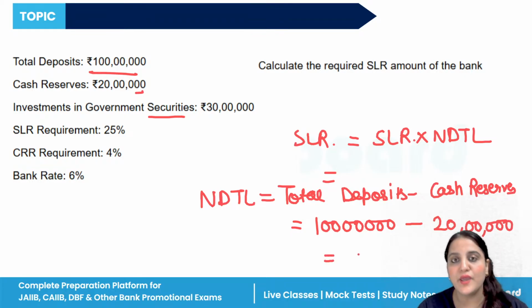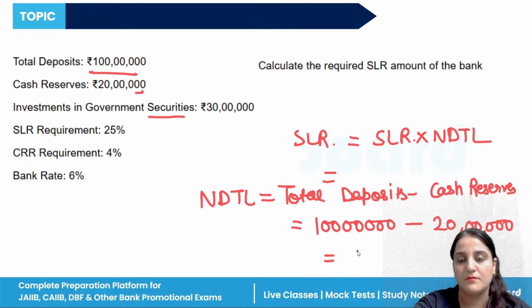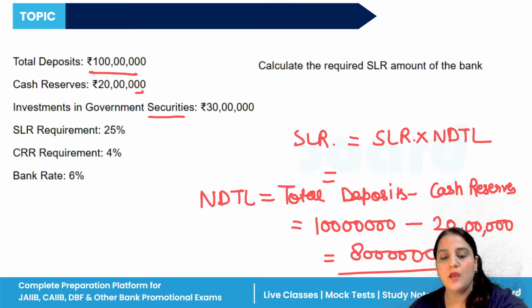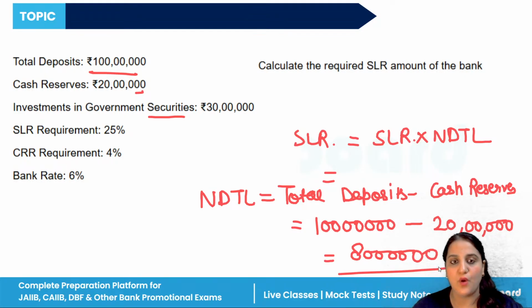So it is equal to how much? 80 lakh, right? So 80 lakh is the NDTL here. Now we have to calculate this SLR requirement.